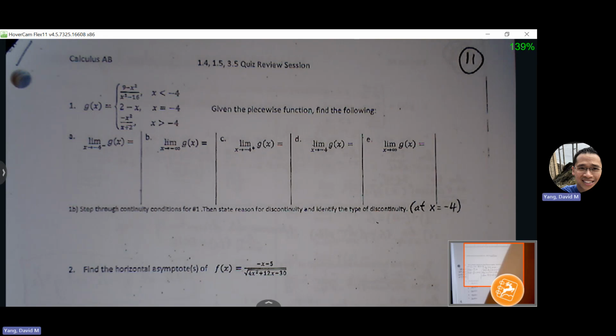Negative x squared, 12x plus 2. Direct substitution first, and then substitution.